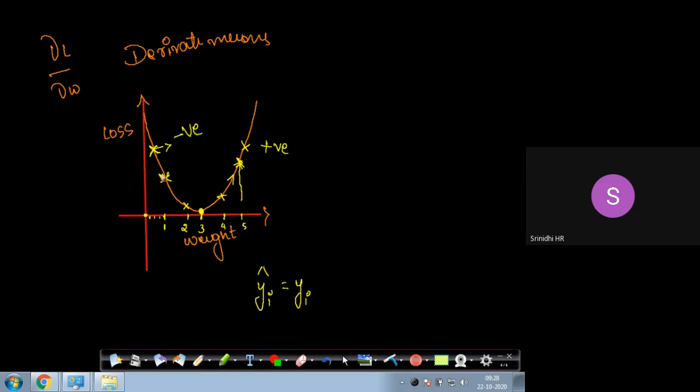If I give the weight directly from 4, it jumps to this point. No, it is not equal, so again it comes back, that is back propagation. At this point, no, it is not more than that, so again it goes back here, back propagation. Are you understanding this?